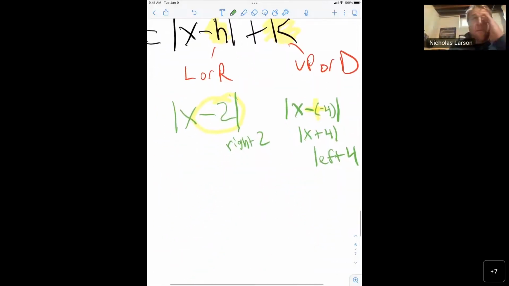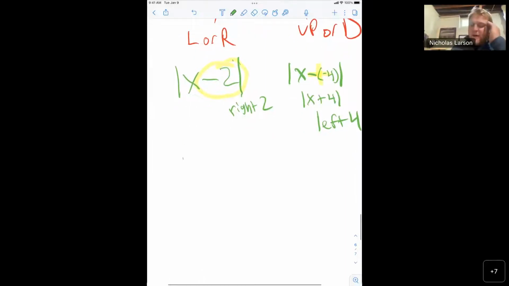Oh, before I forget, I think it's from last week, you had an assignment that was something like this. And it said translated. I can't remember what it was.